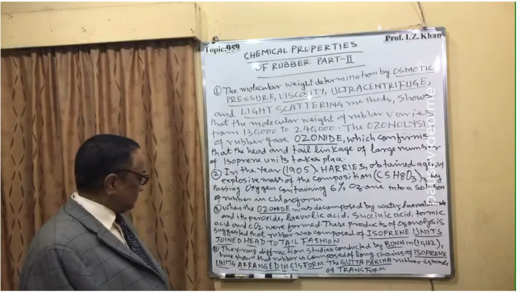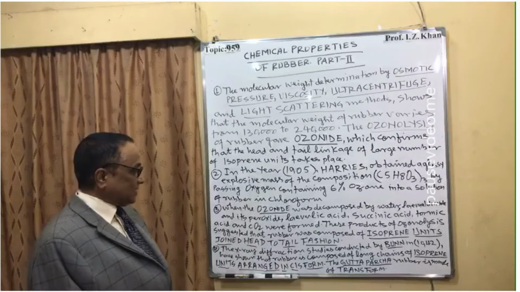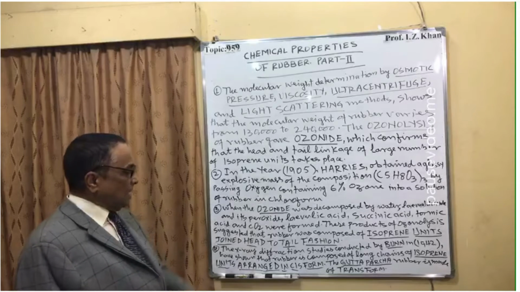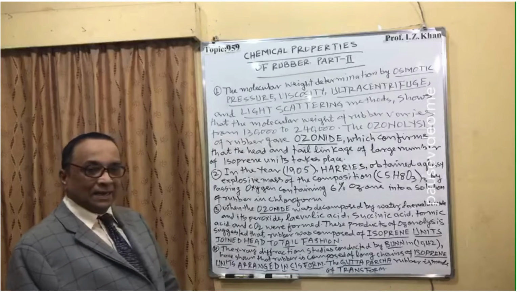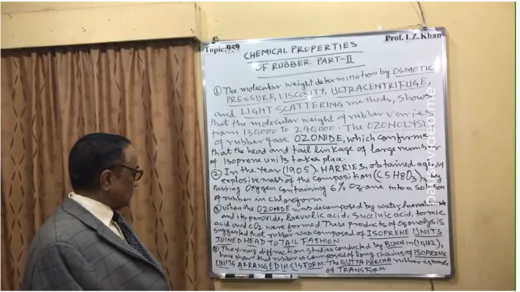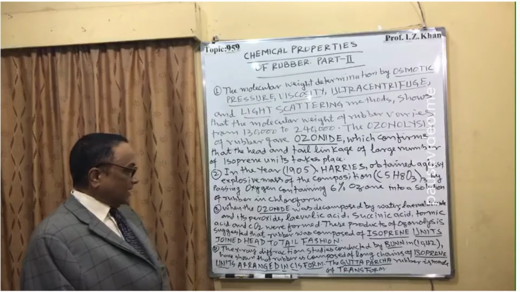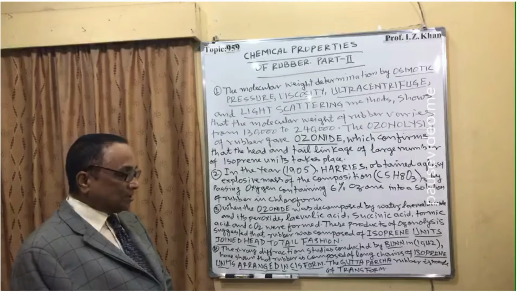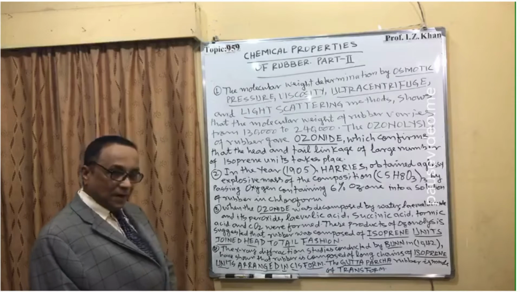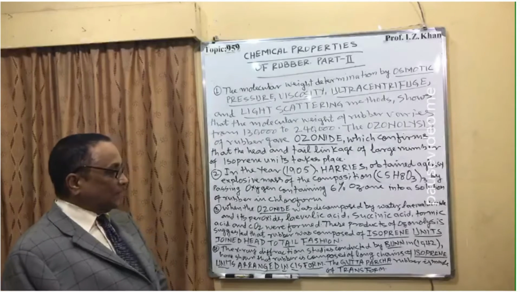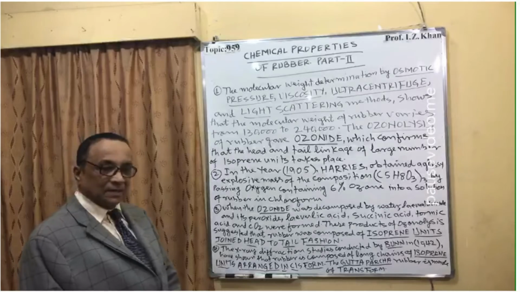Number 4, the X-ray diffraction studies conducted by Bunn in the year 1942 have shown that rubber is composed of long chains of isoprene units arranged in cis form. The gutta percha rubber is made of trans form.